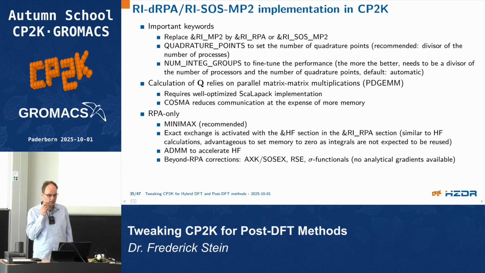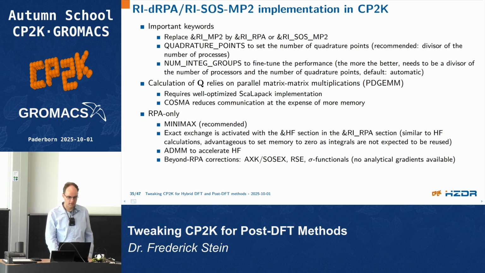Performance-wise, the calculation of these Q matrices is implemented using parallel matrix multiplications, or the PDGEMM routine of the ScaLAPACK library. This is excellent for GPUs because matrix multiplications are then extremely fast, but it requires a suitable implementation of this function.